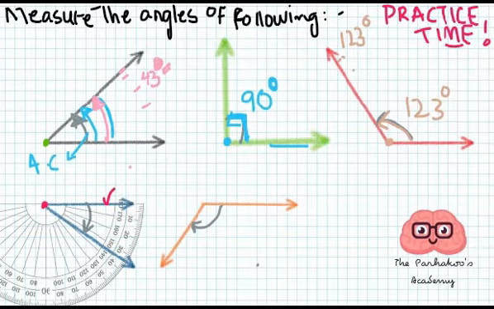Now it's time to measure the clockwise angle. Since the outer scale is used to measure clockwise angles, we use this outer scale here. 10, 20, 30, and 1, 2, 3, so it is 33 degrees. So this angle is 33 degrees.